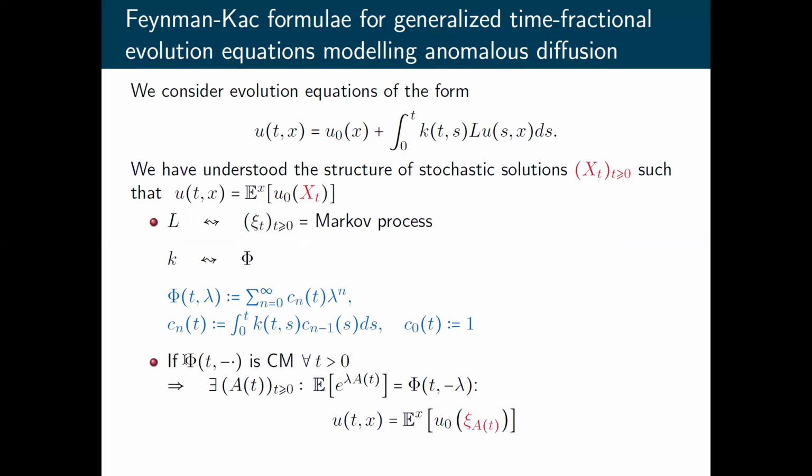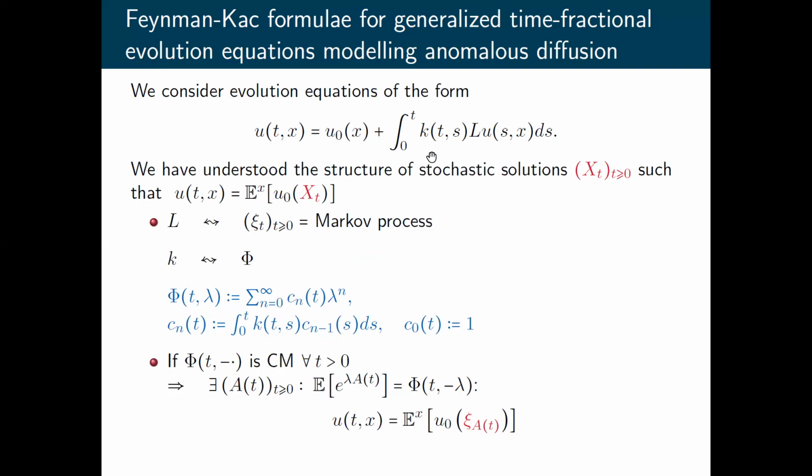And if this function phi for each fixed t positive is a completely monotone function, then there is a corresponding random variable A of t such that its Laplace transform is given exactly in terms of this function phi. In this case, we can use this subordinated process Xi subordinated by the process A of t as a stochastic solution of this nice equation, generalized time fractional evolution equation.